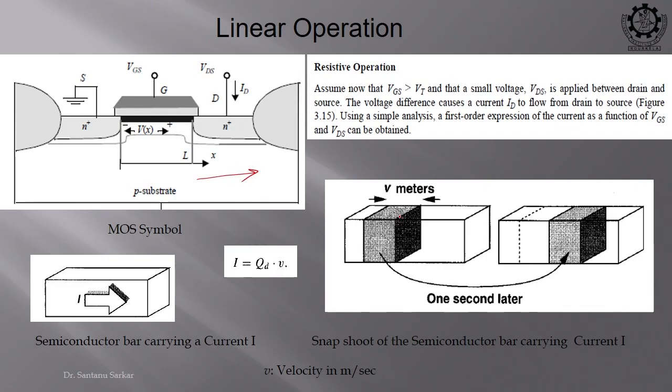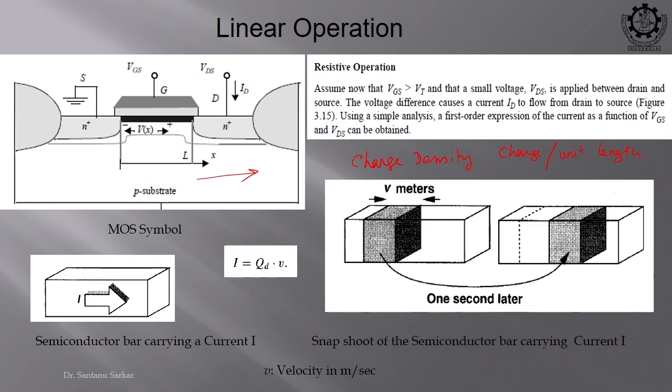Let us consider that a unit chunk of electrons is moving with a velocity v, and let us consider its charge density, that is, charge per unit length.